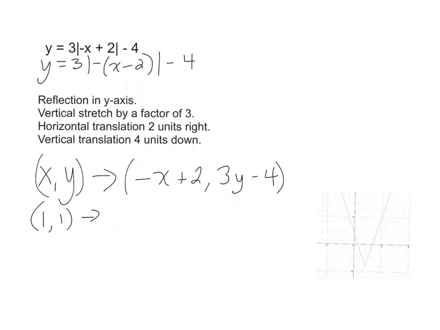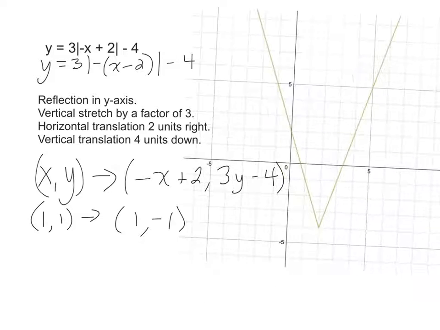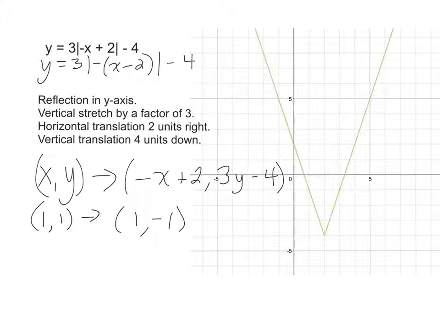If I use the mapping rule, x is 1, and that maps to -x plus 2, so -1 plus 2 is 1. And y was 1, and it's 3y minus 4, so 3 times 1 is 3 minus 4, -1. So that point 1, -1 should be on the graph. And it is right there.